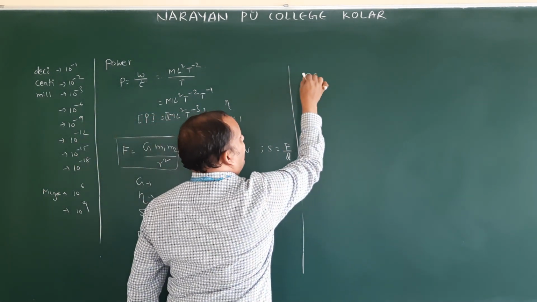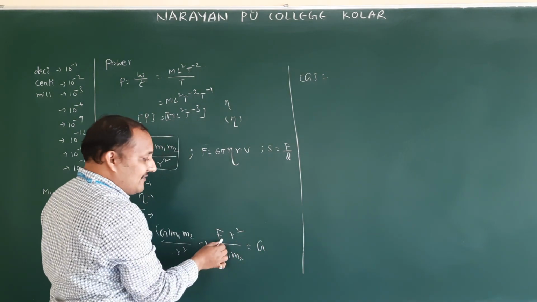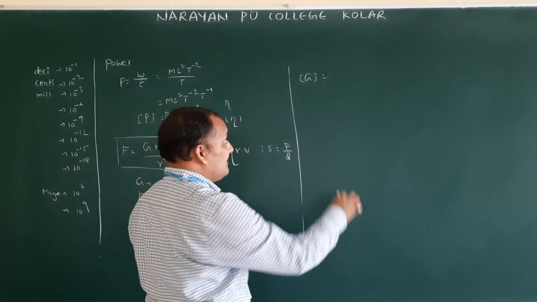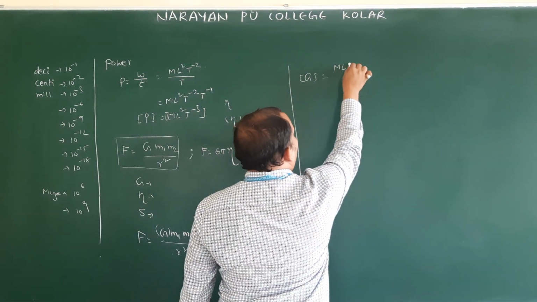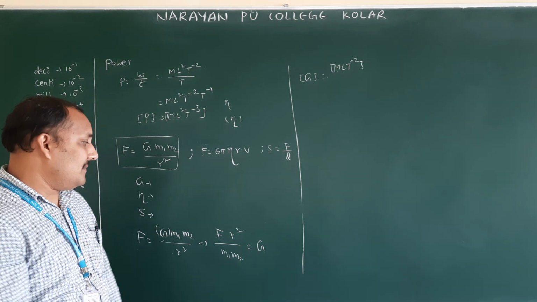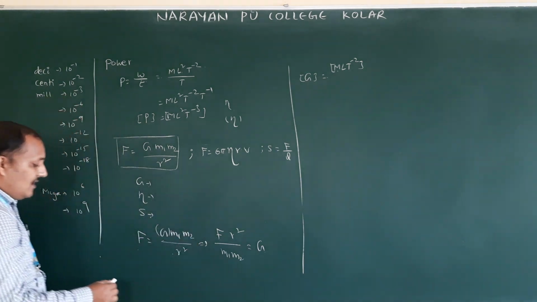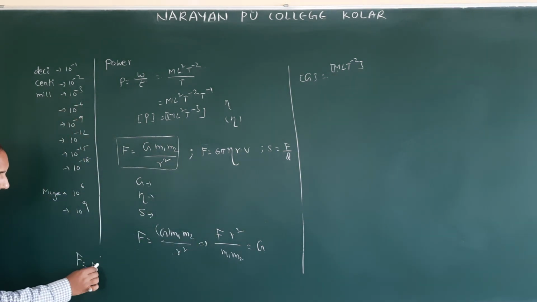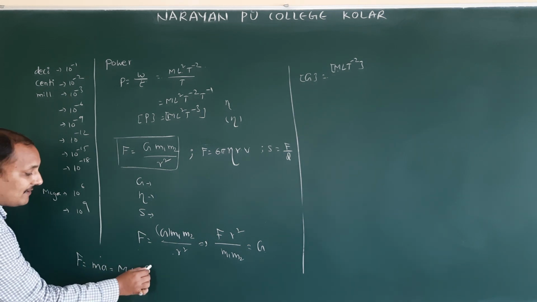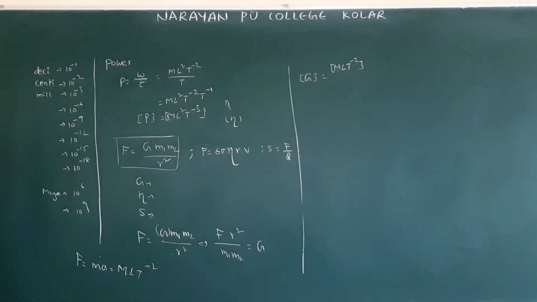What is F here? Force. You have to remember the force dimension formula: M L T power minus 2. If you forgot, you have to write F equal to MA, mass dimension formula into A, L T power minus 2. If you forgot acceleration also, then write velocity by time.